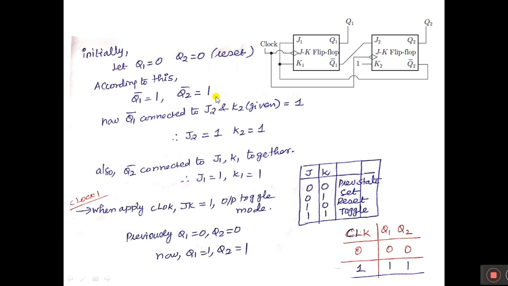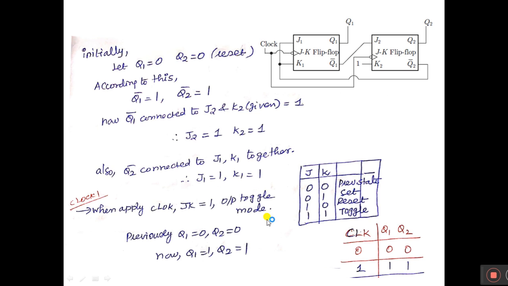Now before applying clock pulse, if I assume 0 0, that time the state of J2 K2 are 1 1 and J1 K1 equal to 1 1. Right? Now when I apply first clock pulse, here already J and K become 1 1. If J and K are 1, output toggles.